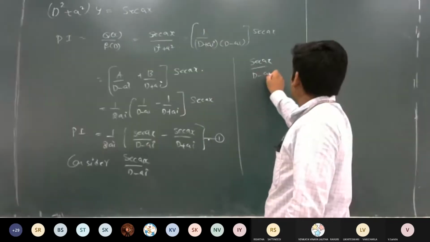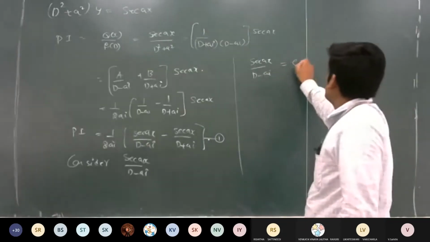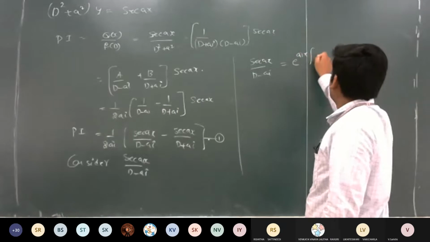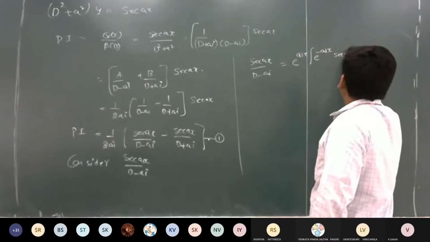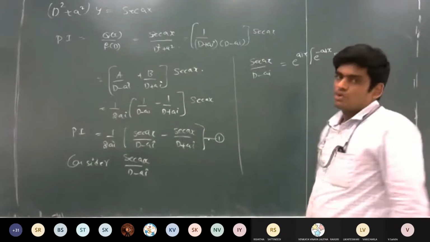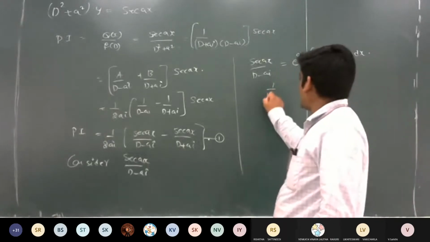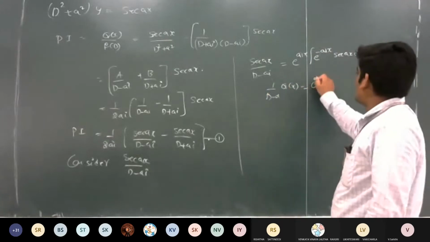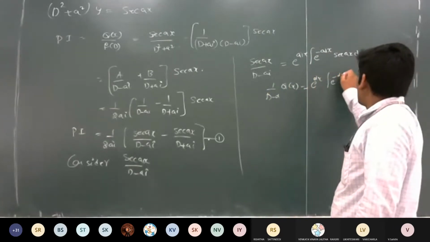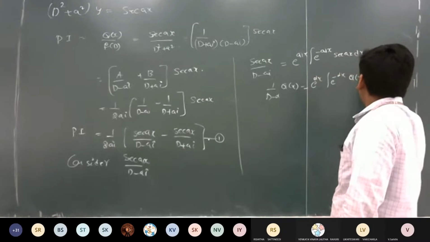Sec ax by (D − ai) is equal to e^(aix) times the integral of e^(−aix) sec ax dx. Why? Because 1 by (D − α) into Q(x) is equal to e^(αx) times the integral of e^(−αx) Q(x) dx.